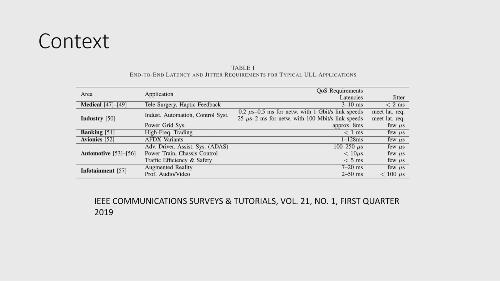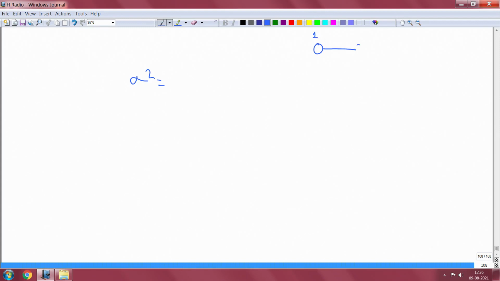are completely different. Supposing you have one packet, this is packet 1, which requires a certain amount of latency between, let us say first let me put the abstraction, this is node A, this is node B. Then there is a packet which starts from here and reaches here, and then maybe there is an acknowledgement back from here, but for the moment let us just see one direction.